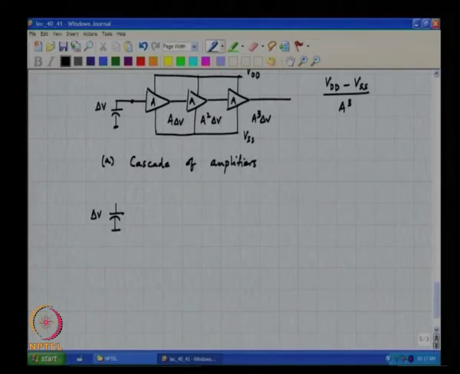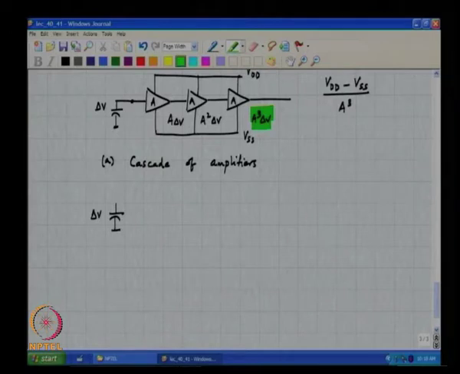And please note that even though we have said this is A cube V, in practice every amplifier will have finite bandwidth. So this A cube V will only appear after some time, which corresponds to the delay, so to speak, of this amplifier chain.